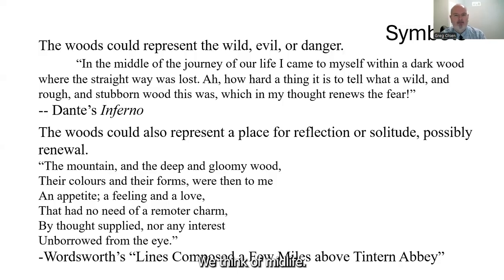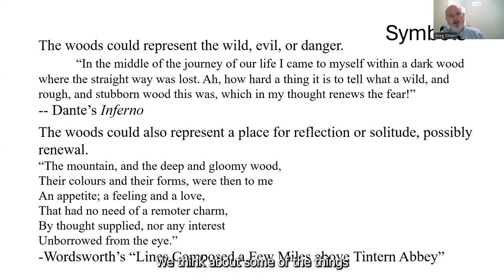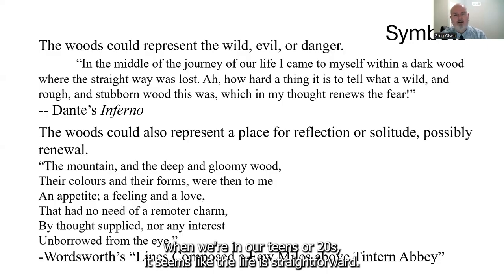We think of midlife, so maybe the 40s, maybe 30s to 50s, and we come across this dark wood where the straight way was lost. We think about some of the things that this could represent, such as when we're in our teens or 20s, it seems like life is straightforward.